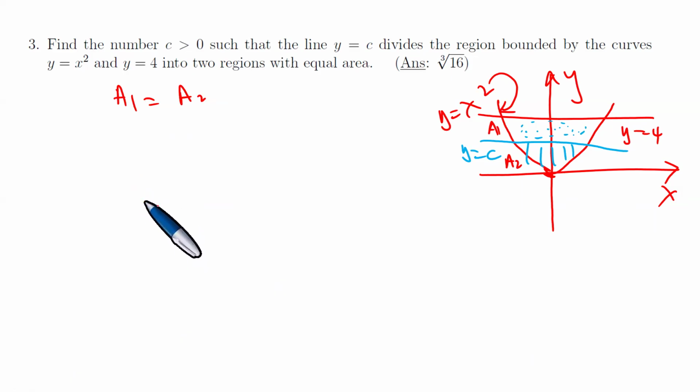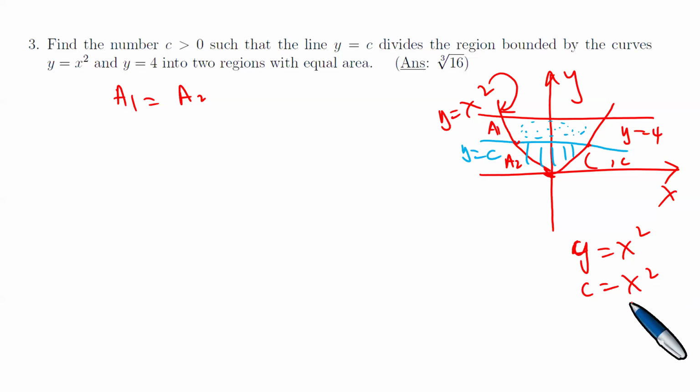Let us deal with this and therefore the points of intersection. What are the points of intersection? This is the parabola. Whenever y is c, what is x? You have the graph y equals x squared, but y is c, which means that x is plus or minus the square root of c.